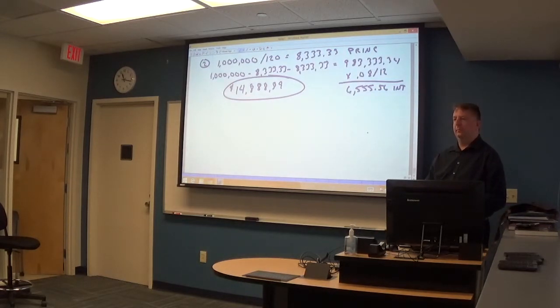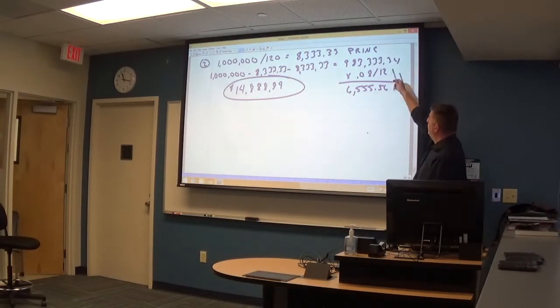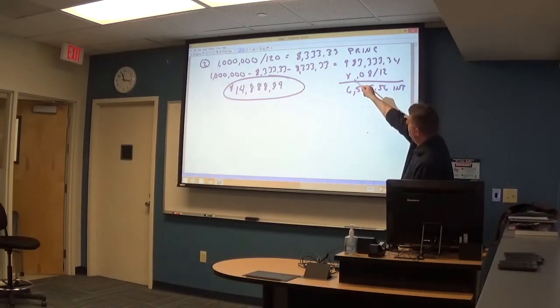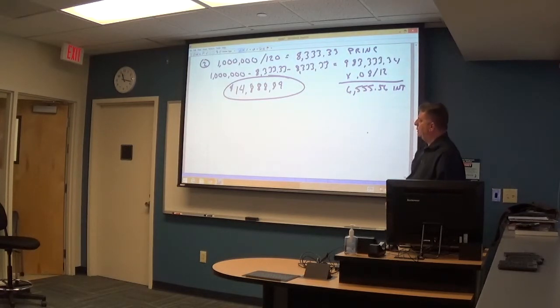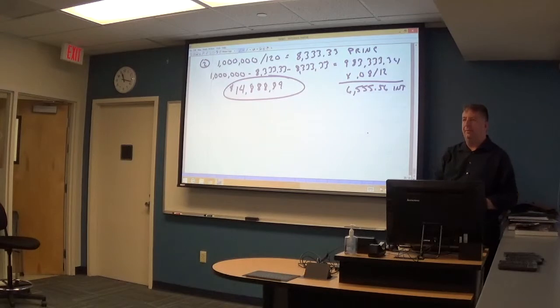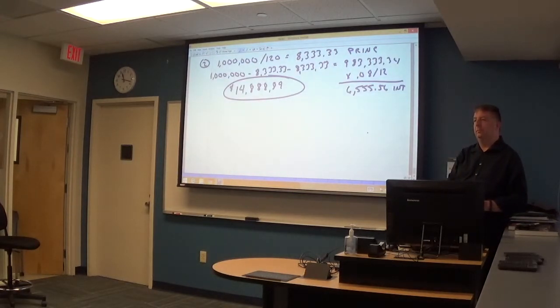So the interest plus the principal, in other words, the principal of 8,333.33 plus the 6,555.56 equals the 14,888.89. Isn't the principal at the end of the 3rd month 8,333 times 3?